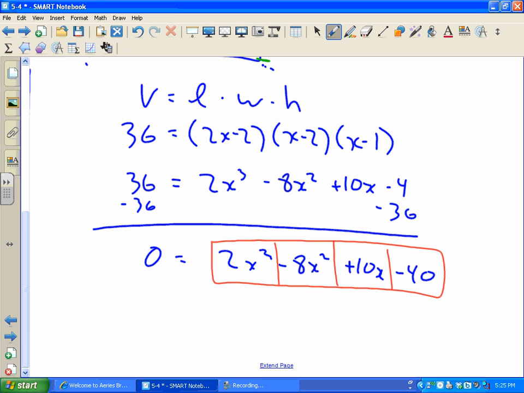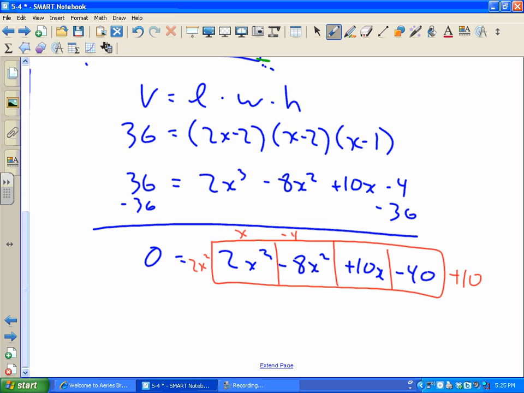Once again, factor by grouping, cover up the right-hand side, look only at the left. Looking at the left two terms, 2x cubed, negative 8x squared, I will take out a 2x squared. If I take out a 2x squared, that will leave me x minus 4. Cover up the left-hand side, look only at the right-hand side. Greatest common factor between 10x and negative 40 will be a 10.